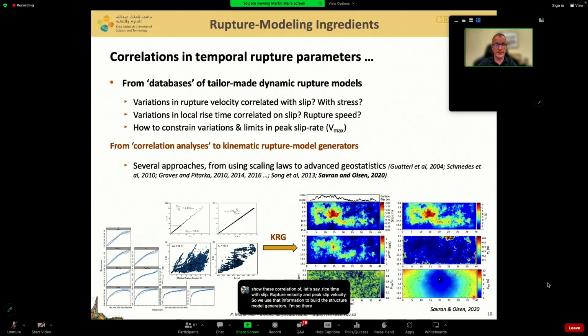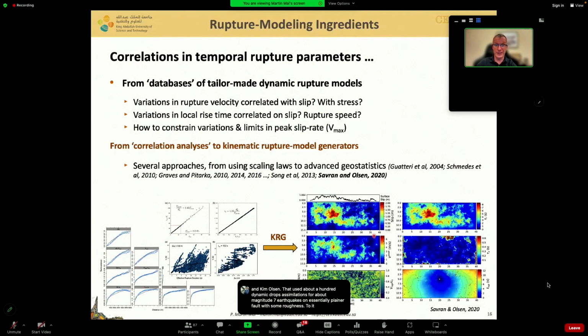So there are several approaches that use these scaling laws to advance geostatistical tools. And I want to highlight one of the most recent developments here by Savran and Kim Olsen that used about 100 dynamic rupture simulations for about magnitude 7 earthquakes on essentially planar faults with some roughness.